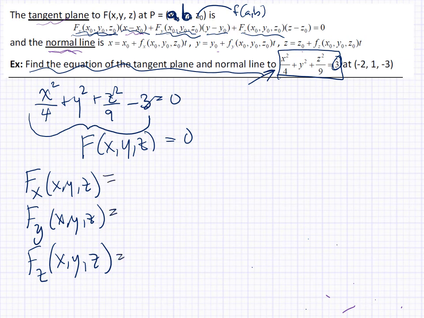If I do it with respect to x, I'm going to get 1/2 x. If I do it with respect to y, I'm going to get 2y. If I do it with respect to z, I'm going to get 2/9 z. Then I'm going to evaluate each of these at the location where we're trying to find the tangent plane: -2, 1, -3.